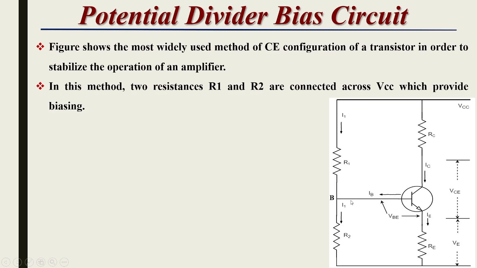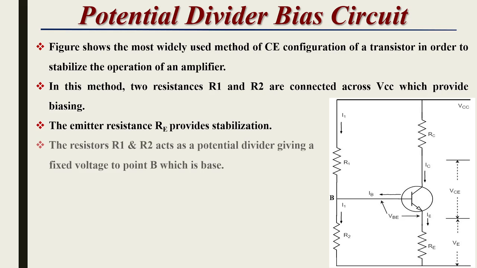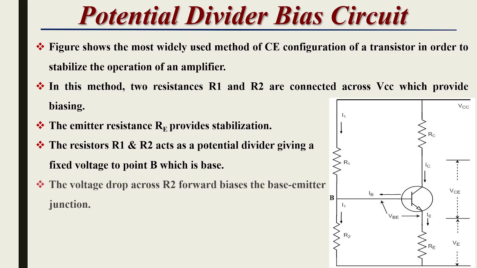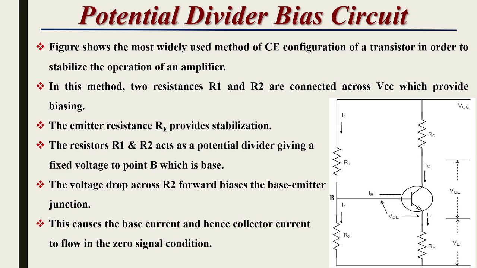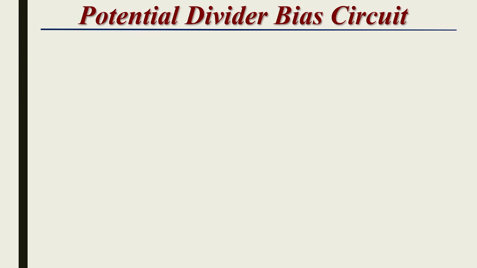In this method, two resistors R1 and R2 are connected across VCC, which provide the biasing to the base of the transistor, and the emitter resistor RE provides the stabilization. R1 and R2 act as a potential divider, giving a fixed voltage to point B, which is the base. The voltage drop across R2 forward biases the base emitter junction, which is the required condition for amplification of the signal. This causes the base current and hence the collector current to flow in the zero signal condition.